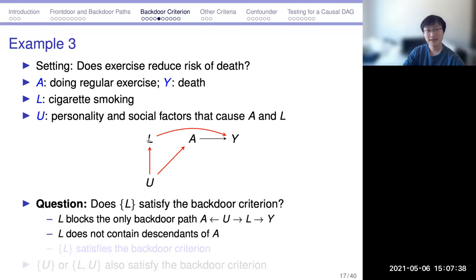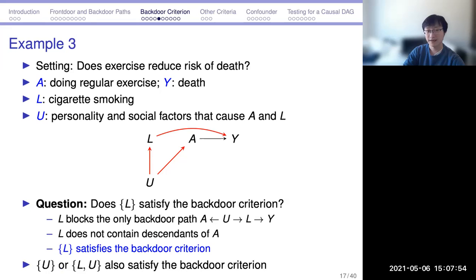The second part: L must not contain descendants of A. Here, A only has a single descendant, Y, and L does not contain Y, so that's okay. Therefore, L satisfies the backdoor criterion. And you can also check that in this example, U or L and U also satisfy the backdoor criterion.